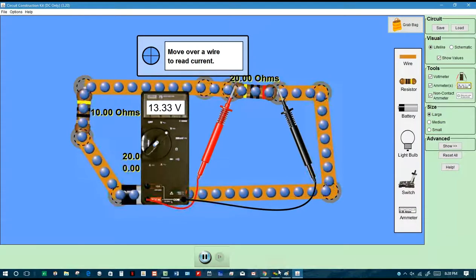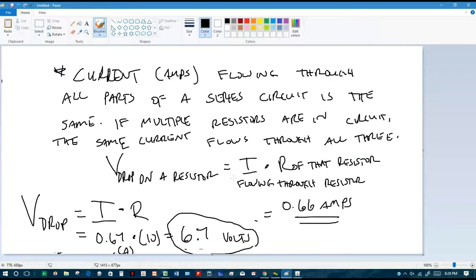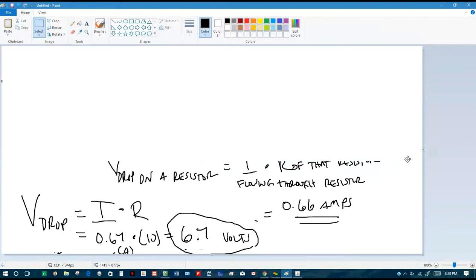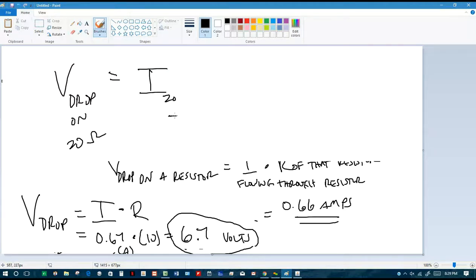Go back one more time to here and show that had we done the same thing, I'm going to erase this. Had we done the same thing for that other resistor, the 20 ohm resistor, we could say the voltage drop on the 20 ohm resistor is equal to how much current is flowing through the 20 ohm resistor multiplied by the resistance of the 20 ohm resistor, right?